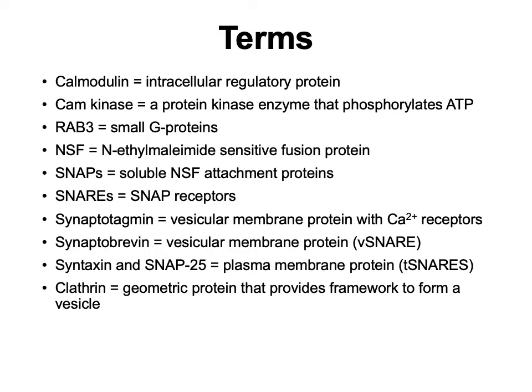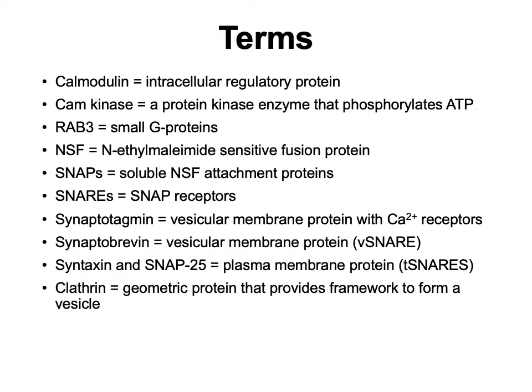Next, we have an enzyme called CaM kinase, and it is a protein kinase enzyme that phosphorylates ATP. We have Rab3, which is a small G protein, then NSF, which stands for N-ethylmaleimide sensitive fusion protein. We have SNAP, which stands for soluble NSF attachment proteins. SNAREs, which are SNAP receptors.